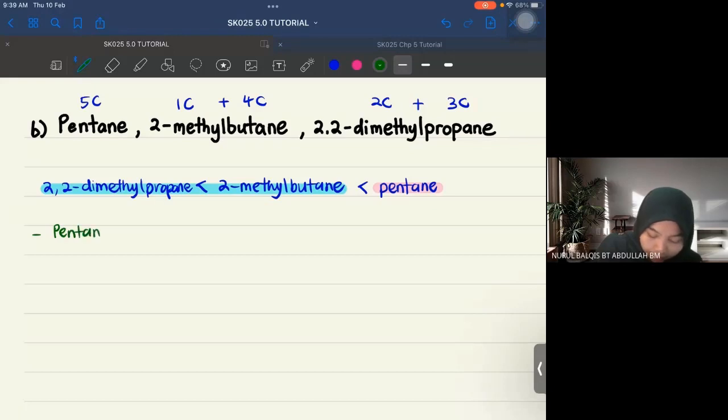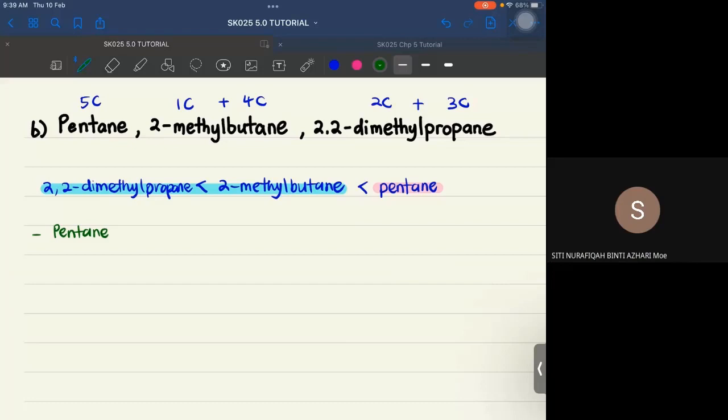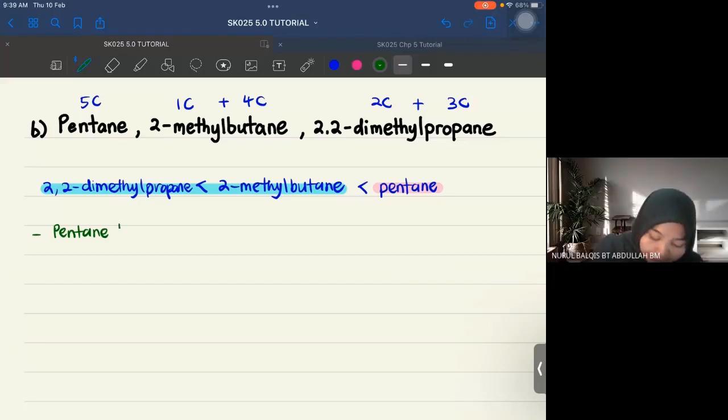Cepat. How are we going to start explaining this? Is a straight chain. Okay, pentane bagi tahu dulu.